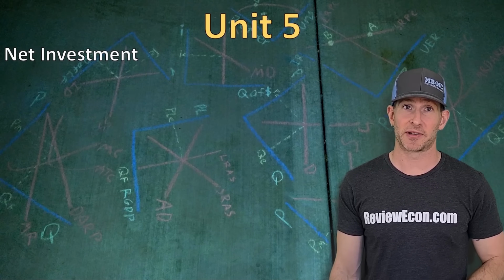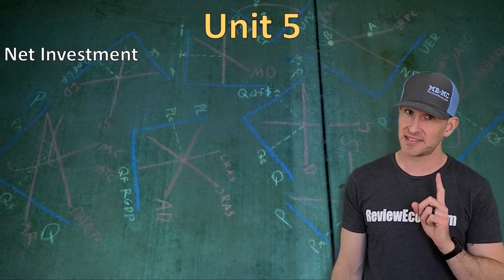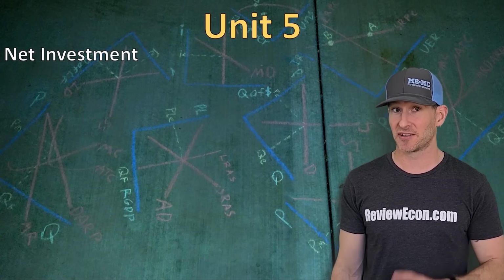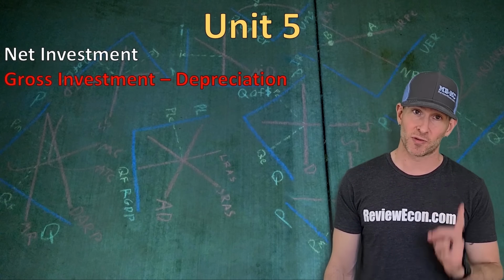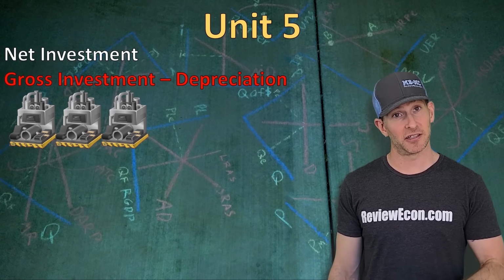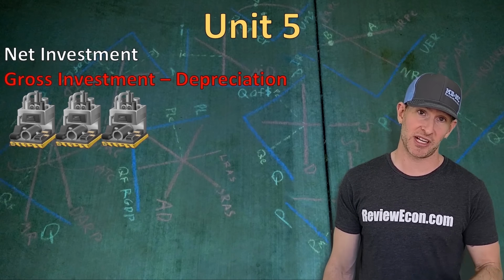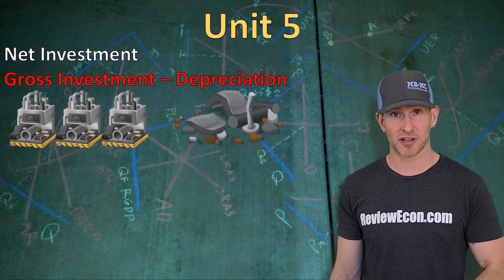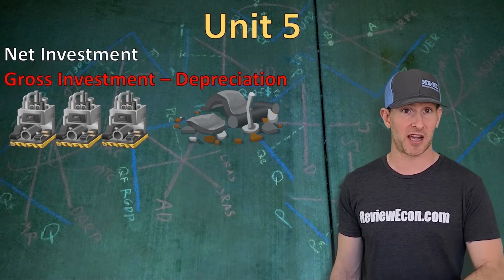Another factor of economic growth is net investment. Now, this is different from the gross investment that you see in your output expenditure formula for GDP. Net investment is gross investment minus depreciation. Now, gross investment includes the new capital equipment and machines that are purchased within an economy. Depreciation is the value lost from machines breaking down or becoming obsolete.